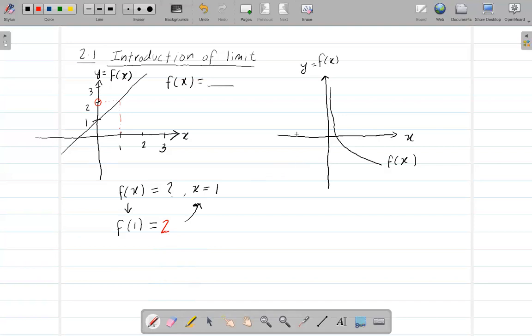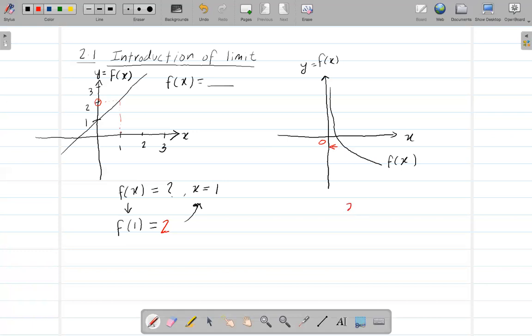Now, I think I talked about this in chapter 1. I was talking about approaching things, right? Let's say x is approaching 0, because this point is the 0 point on the x-axis. So x is approaching 0 from the right.